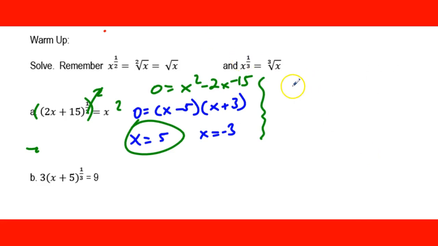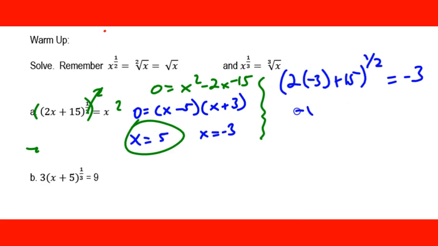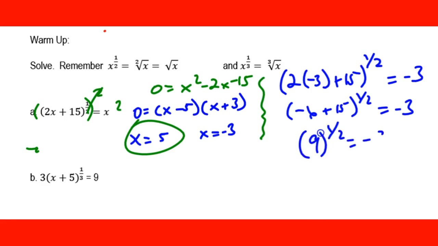When we check the other one, we have 2 times -3 plus 15, raised to the 1/2, equals -3. So this is -6 plus 15 raised to the 1/2 equals -3. -6 plus 15 is going to be 9, and 9 to the 1/2 is going to be 3.